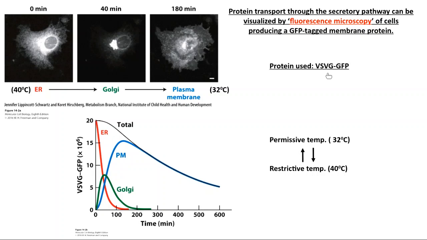So GFP is green fluorescent protein, which was discovered by a scientist through a jellyfish. The scientist went on a vacation, went scuba diving, and saw these jellyfish which were glowing inside the ocean. And he was like, wow, what is very specific in this?